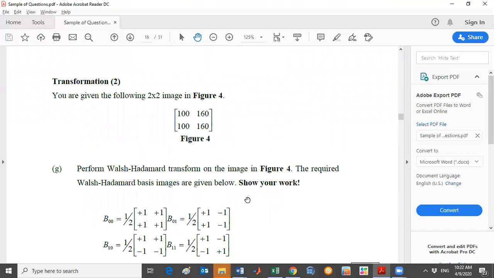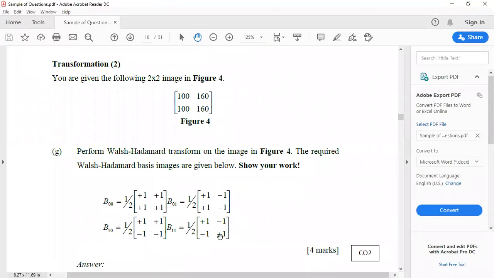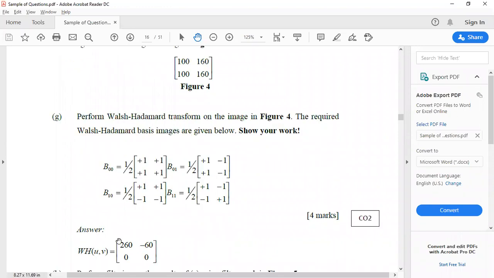It's pretty much the same. So again, you take the image, you perform forward transform. So you do dot product with each of this, right? So you get 260, betul? Ini semua positif. Campur-campur, bagi separuh, multiply with half. So you get 260, correct? And this one, if you do dot product, what do you get?